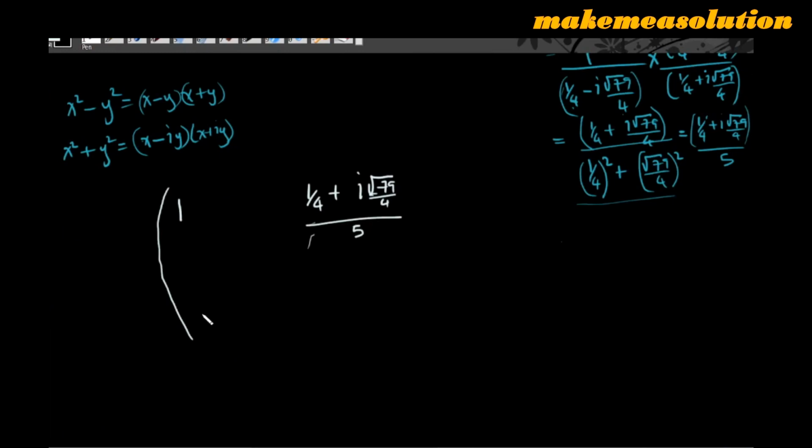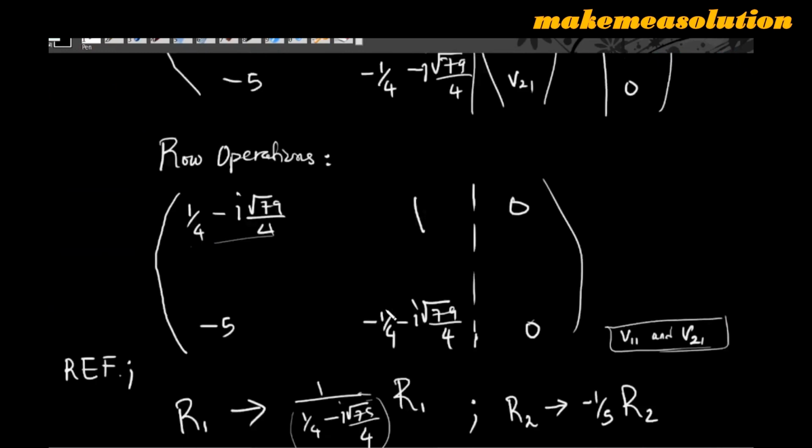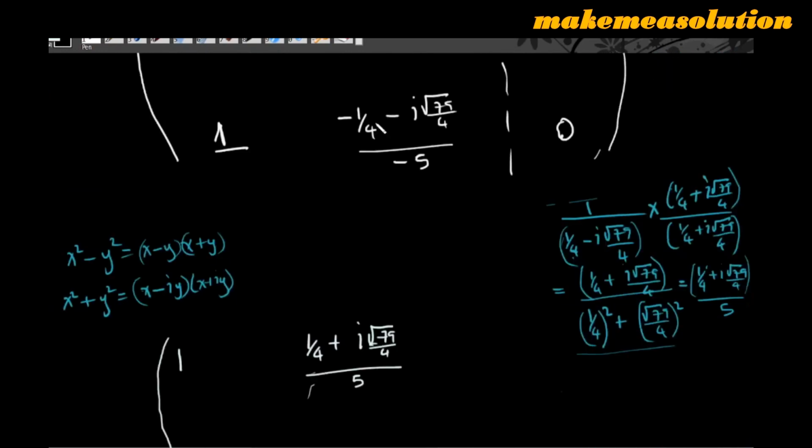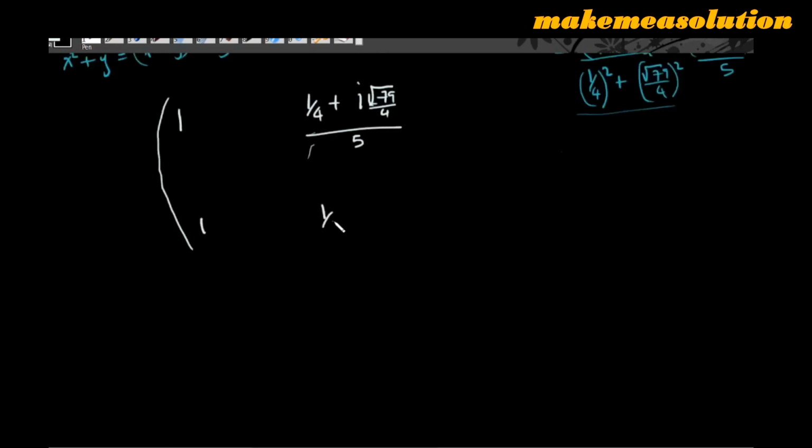Then you now have here is 1. Now look at these numbers carefully. You can figure out that if you cancel this minus sign throughout, or if you factor out the minus sign and if you cancel, what you're going to be left with is 1 over 4 plus i root 79 over 4 divided by 5.